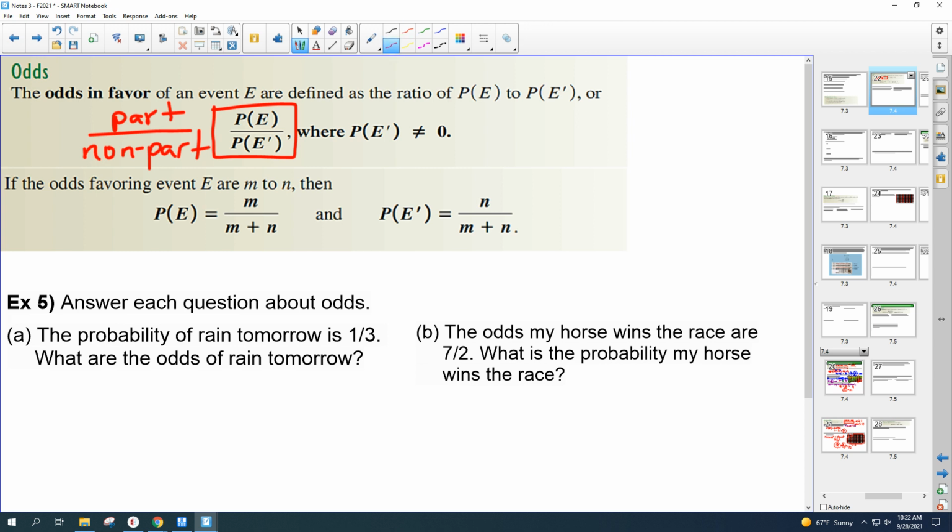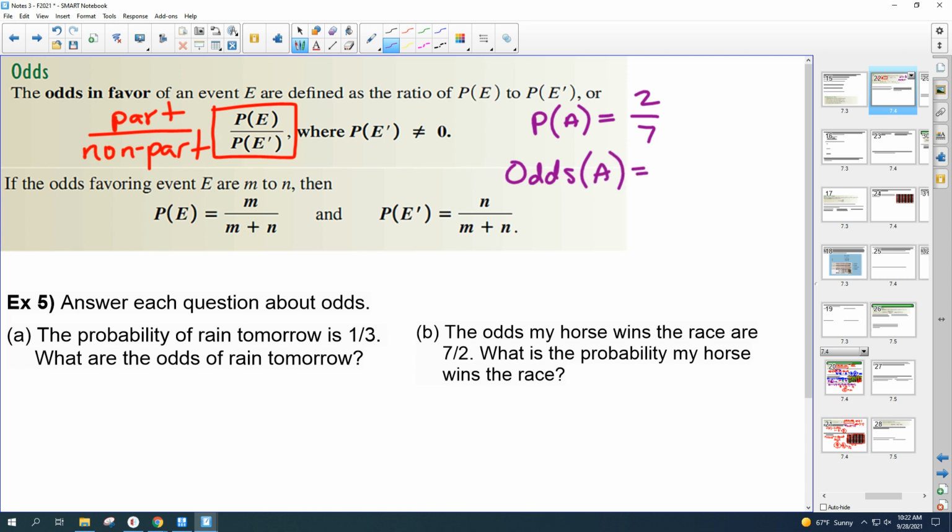So here's an example. If the probability of something is 2/7, most people understand probability. Part over total, you got it. But as soon as I say odds of that same thing, people shut down.